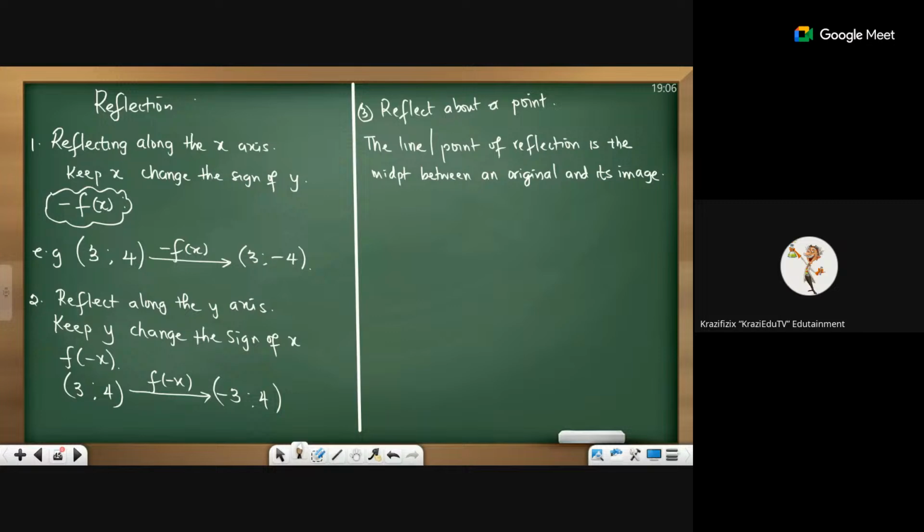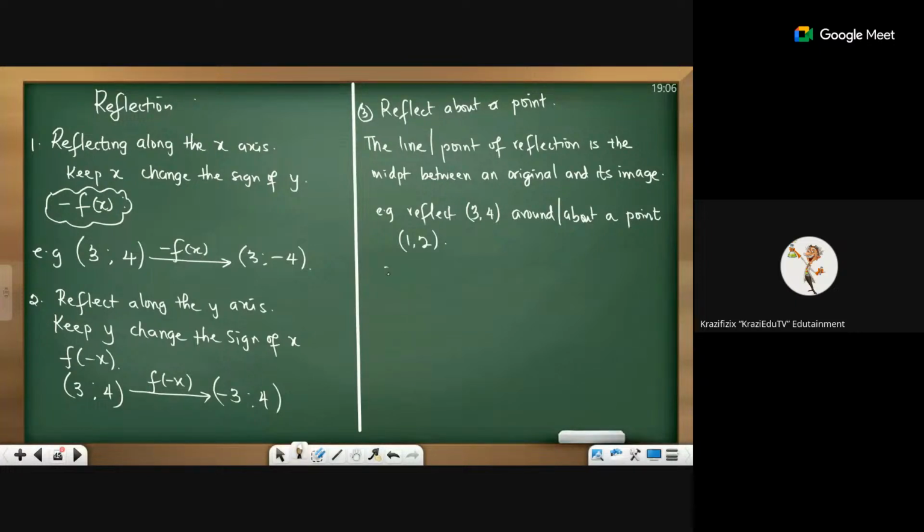So, if I tell you to reflect, example, reflect 3,4 about a point 1 and 2, what is my image going to be? Reflect the point 3 and 4. Guys, just bring in your midpoint formula. Is that okay?